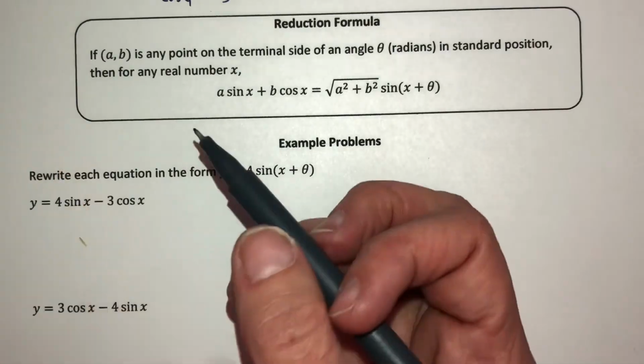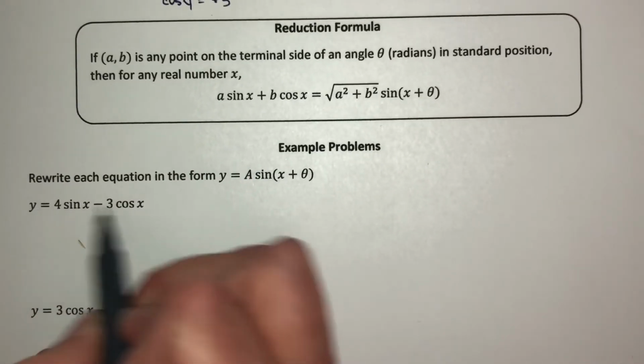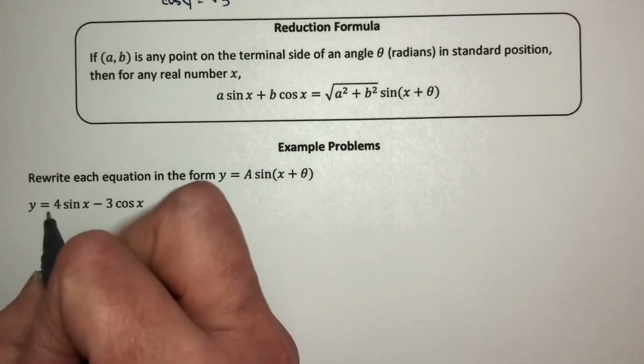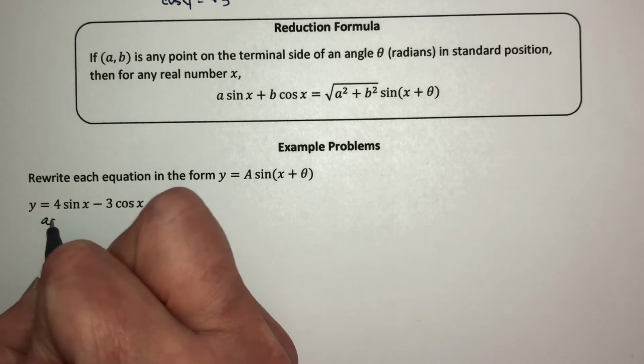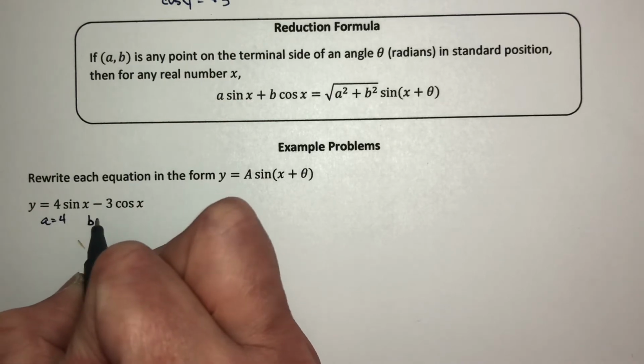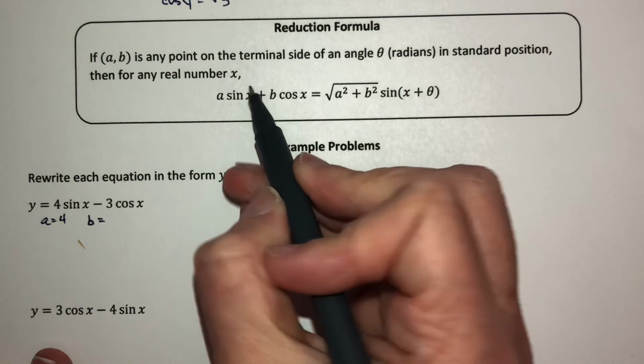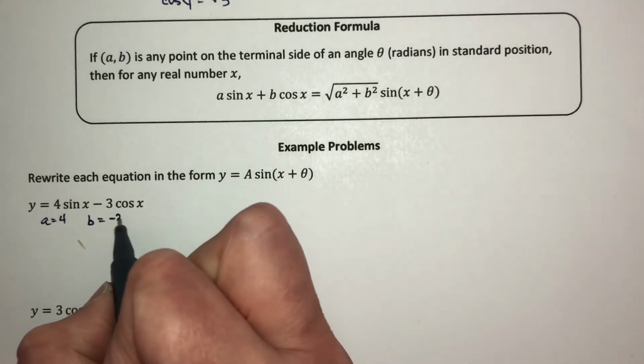Okay, so let's talk about this. In this case, our A value is 4, and our B value is, this should be a plus, so negative 3.